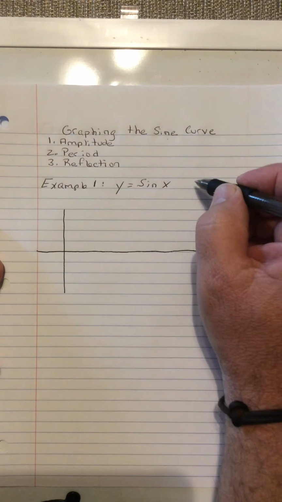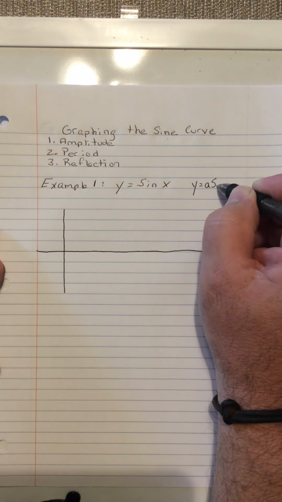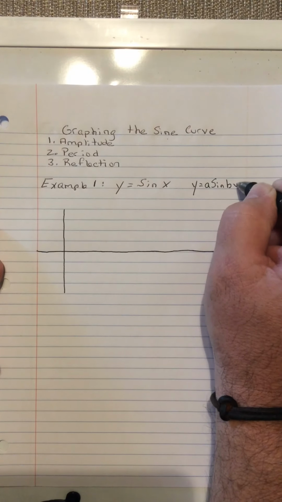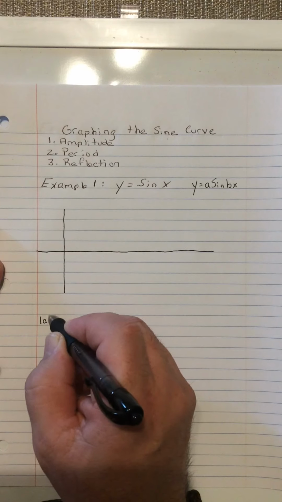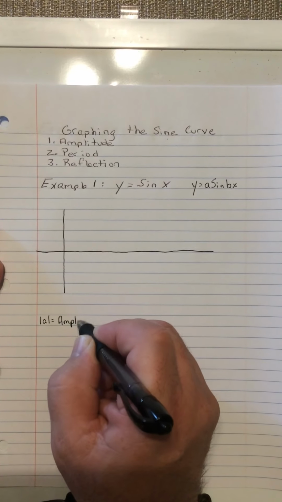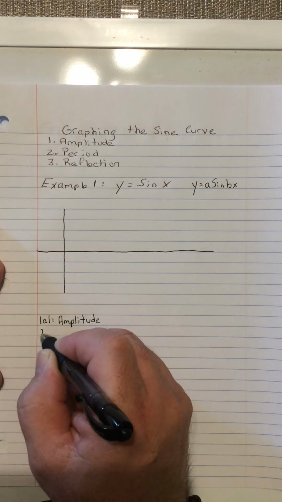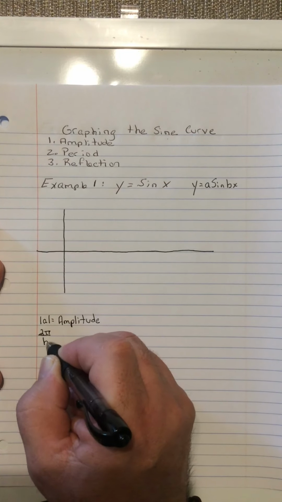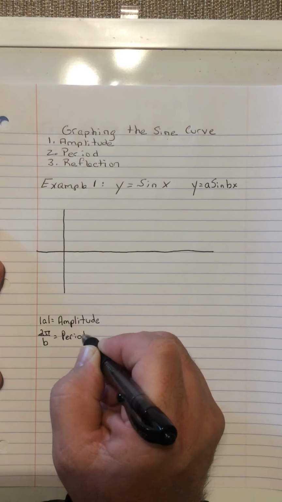And exactly like cosine, we say y equals a sine bx, where the absolute value of a is going to be my amplitude. Two pi over b is going to be my period, or my cycle.